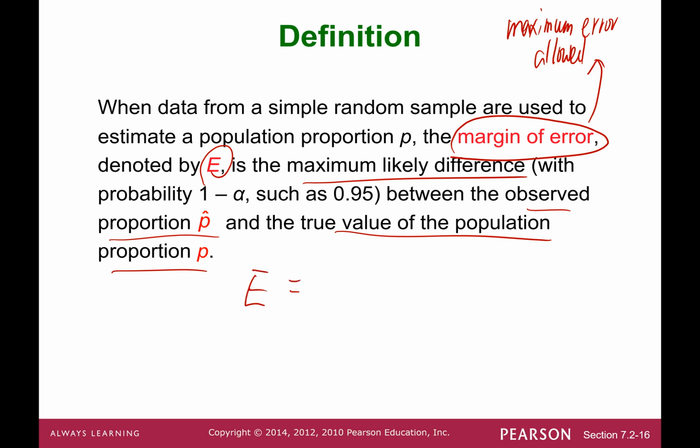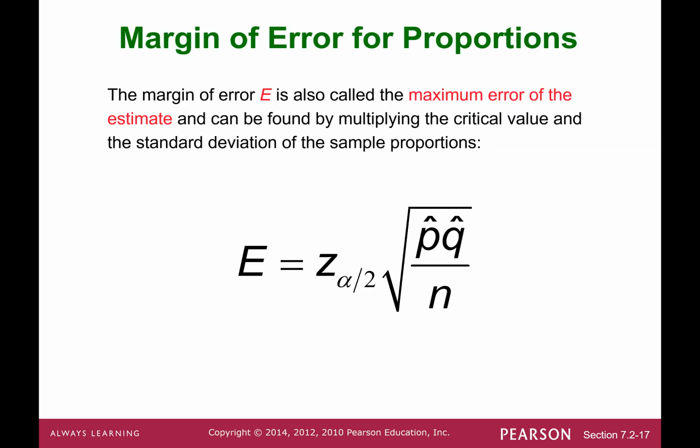So the margin of error is equal to the maximum likely difference between p and p hat. The margin of error is also called the maximum error of the estimate. It can be found by multiplying the critical value by the standard deviation of sample proportions.